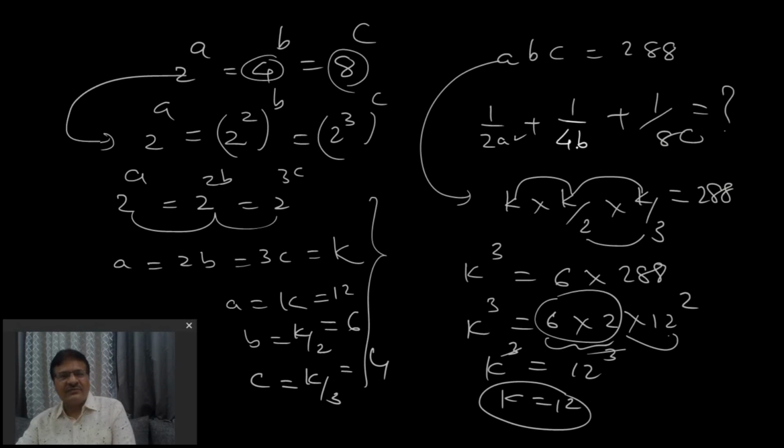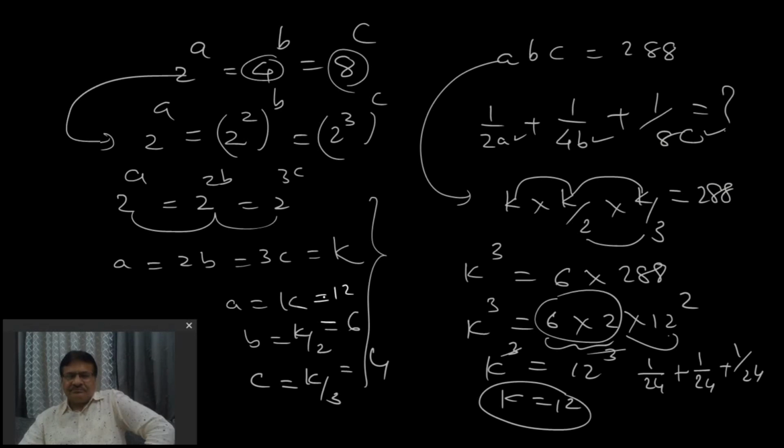You put here the values of a, b, c, you can get my answer. Yes, no? So my answer would be 1 upon 2a, that is 1 upon 24, plus 1 upon 4b, 4 times 6 is 24, plus 1 upon 8c, it would be again 24. Is that clear? Because yes, it's 2a, it's 4b, and it's 8c.